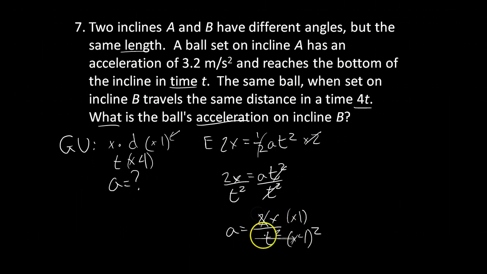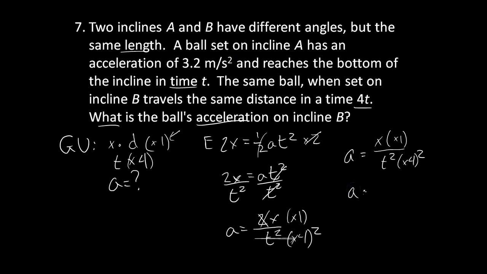Now, we always ignore the coefficient, so we can cross that out. So let's see what that really is like, acceleration being multiplied by. We've got a equals, and we'll not worry about the 2, so we've got x times 1 over t squared. That's like multiplying this by a factor of 4 squared.